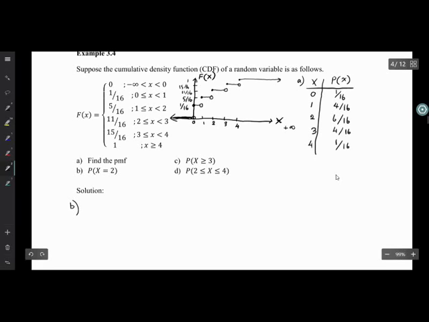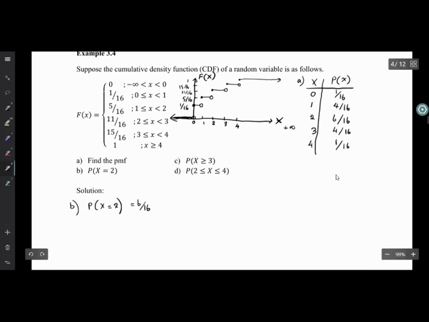When you have both the CDF and the PMF, you can easily find these probabilities using either of them. So let's see how we can find x equals 2 using the PMF. Very easy. Here's x, here's the P(x), which is 6 over 16.